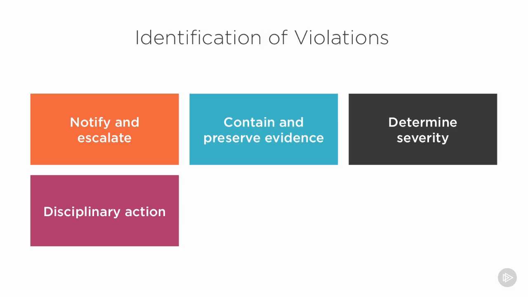If there's an employee that has done something wrong, certainly they can be removed from the work site. The idea of disciplinary action is as a deterrent, that people know that if they do something wrong, then action will be taken.